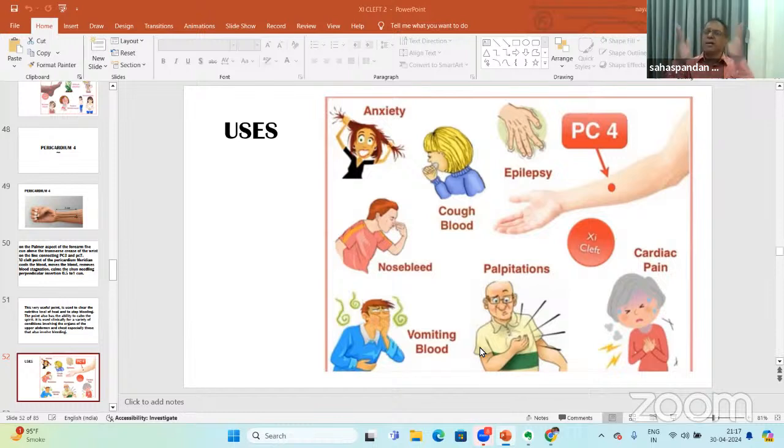Because the mother is not supplying the heart blood to the heart. Who is the mother? Liver is the mother of the heart. If the mother itself is deficient, how can it supply the chi and the blood to the heart?